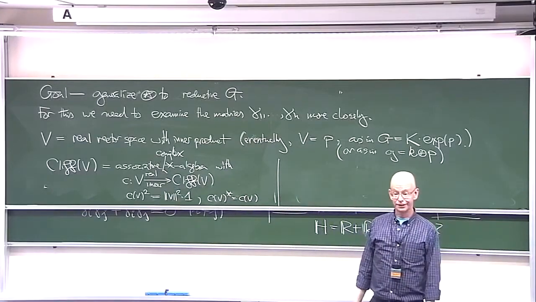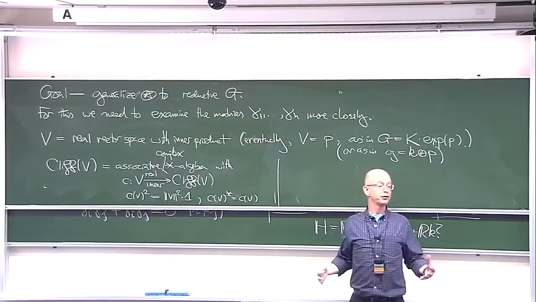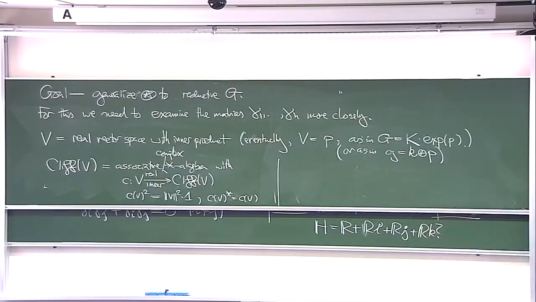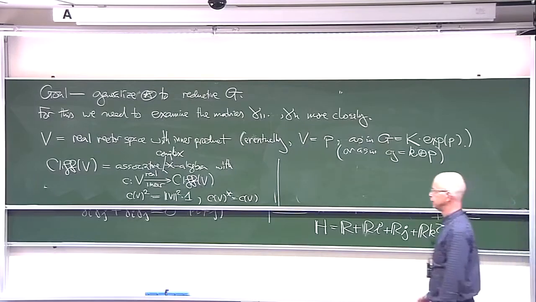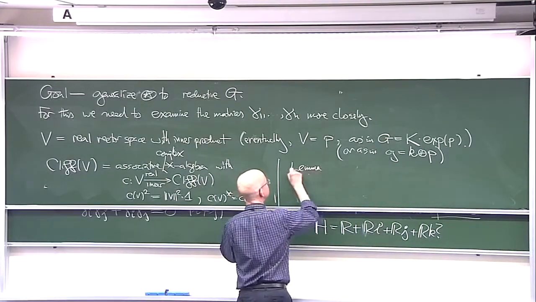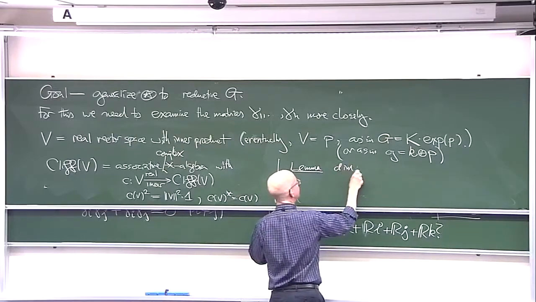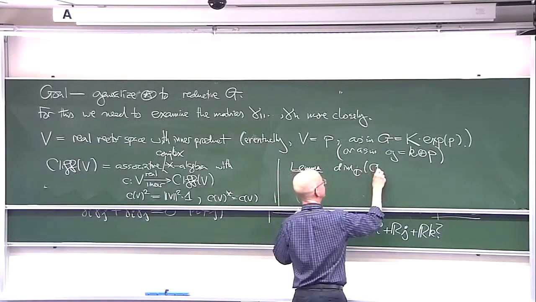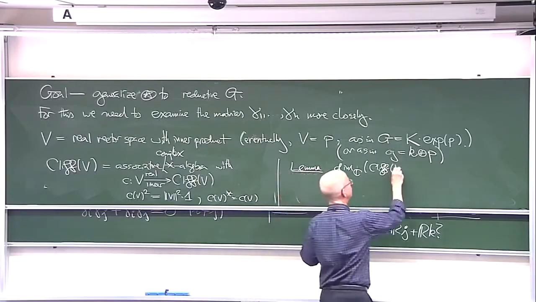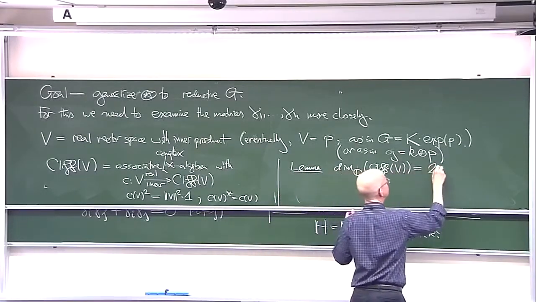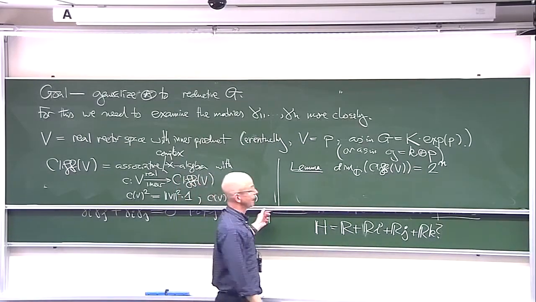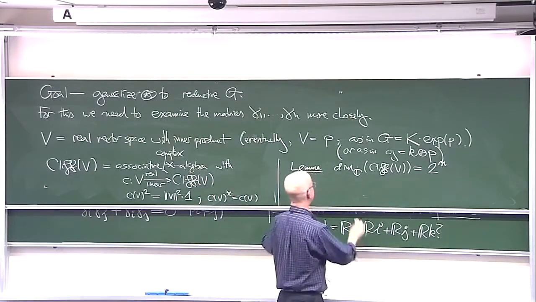And among all of them, I look at the most general one, the one which maps to all of the others, the universal example of an algebra satisfying this set of relations. And the little lemma, it's not hard at all, is that as a vector space, this thing, first of all, it always exists by abstract nonsense, but in fact, it's always finite dimensional algebra, not very complicated at all.